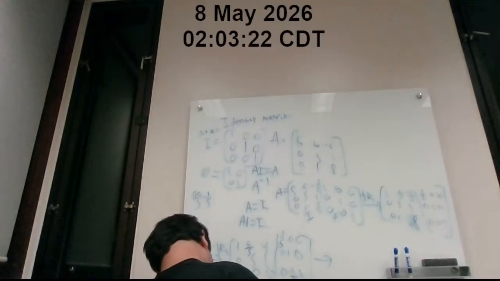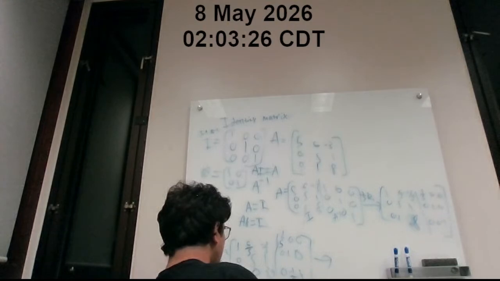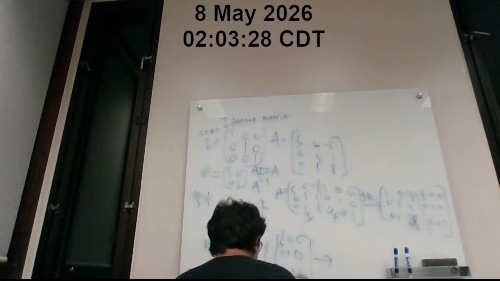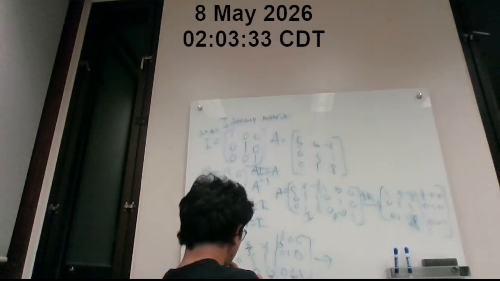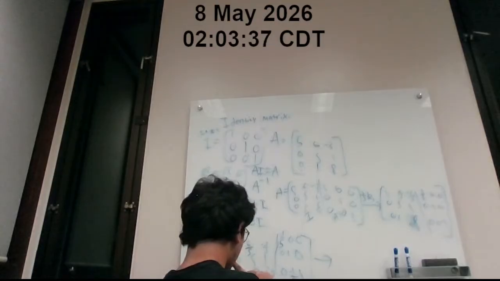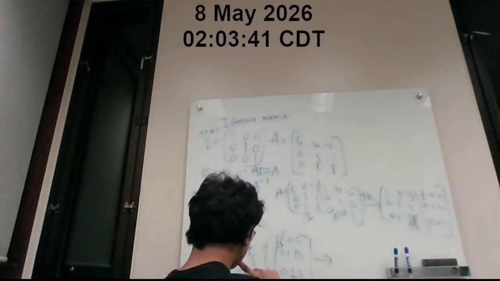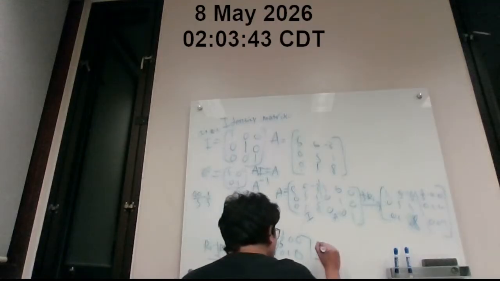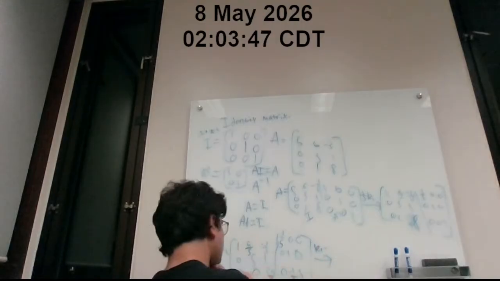So I have to, 3/5, 39/5. I'm gonna make this 0. R1 minus.